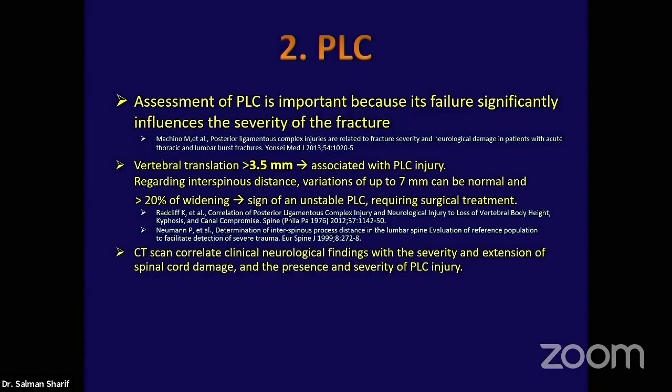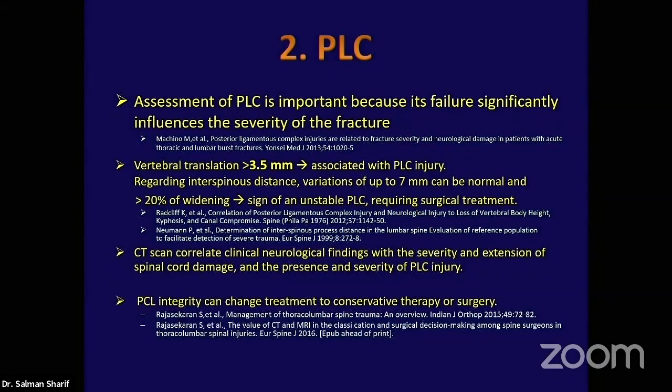CT scan correlates clinically with neurological findings, the severity and extension of spinal cord damage, and the presence and severity of PLC injury. So PLC injury is very important. PLC integrity can change treatment to conservative treatment or surgery.